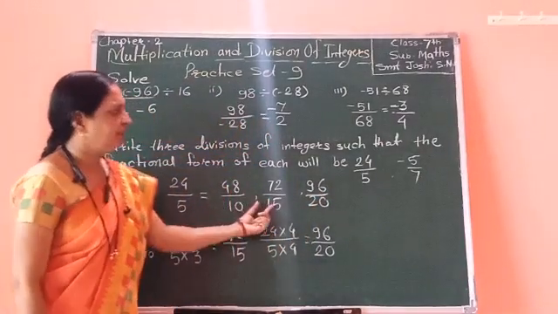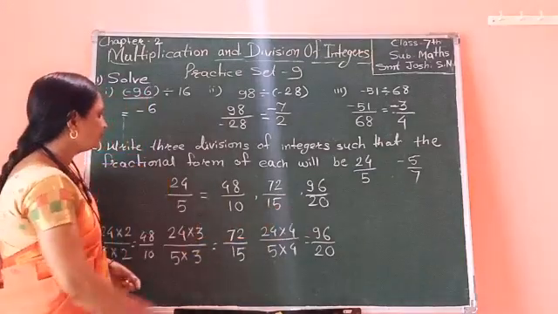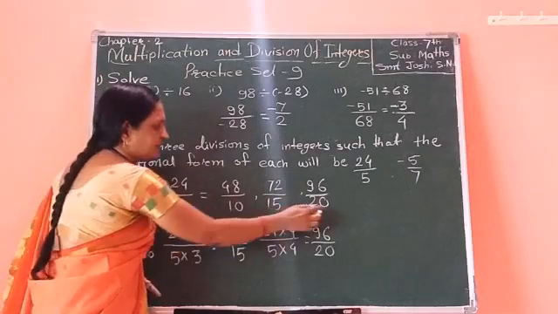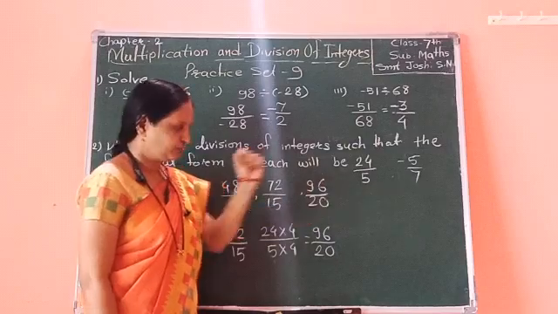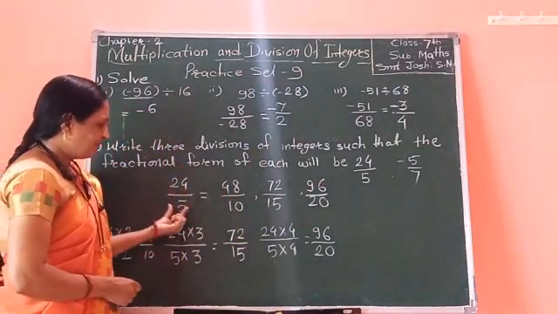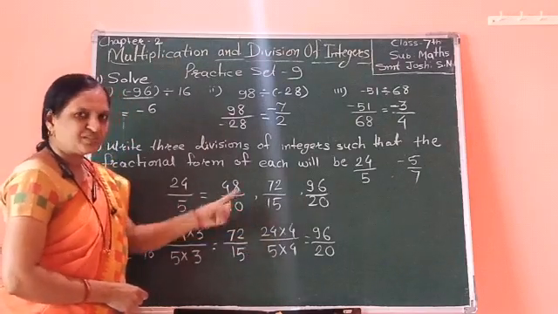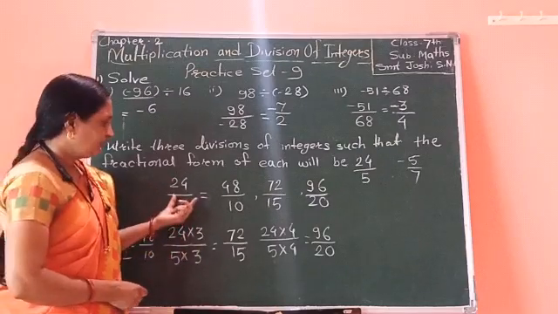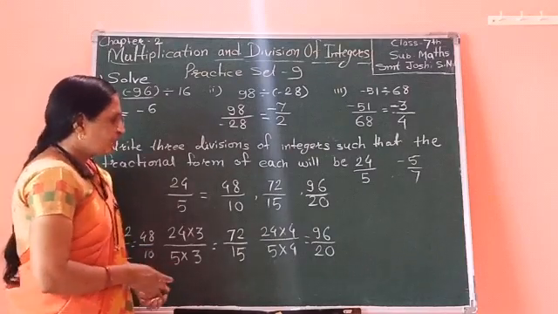These are the 3 fractional forms of integers, and the division of each fraction is 24/5. We can multiply 24/5 by 5, 6, 7, 10, 20, 100, any natural number, and we get an equivalent fraction.